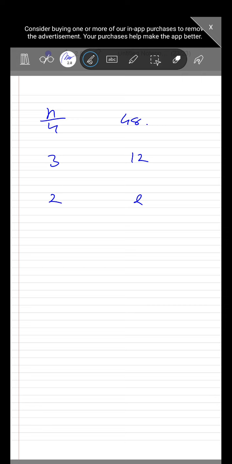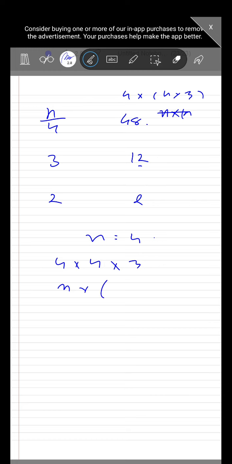That means it's 4 into 12, that is, 4 into 4 into 3, for n is equal to 4, means n into n minus 1.